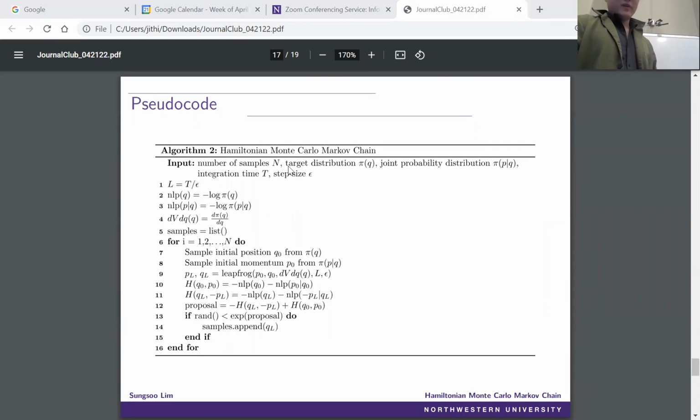We have to define the negative log of the distribution, as well as the gradient of the target distribution. For each of the samples, we have the initial conditions and integrate using the leapfrog integrator. Then we have the Metropolis-Hastings proposal, and if we accept the proposal, we take that as a sample from the target distribution.